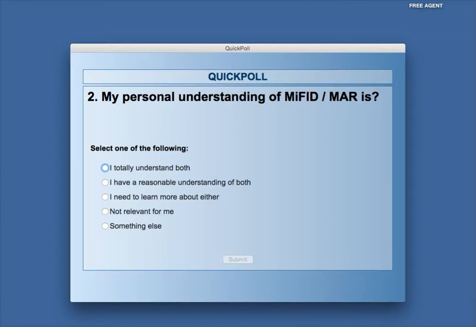So let's begin with one that has gotten quite a bit of press, and that is best execution. And this is driven by where the customer is, not where the product is or the investment. So a transaction in a U.S. product for an EU customer is subject to this rule.